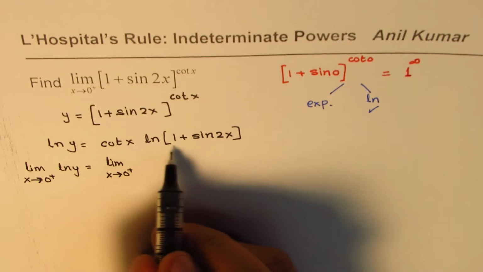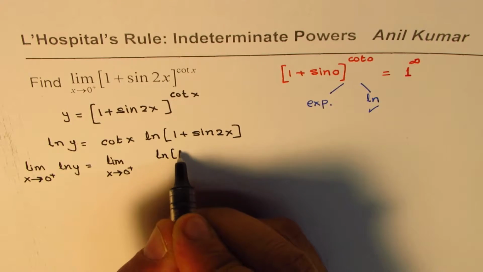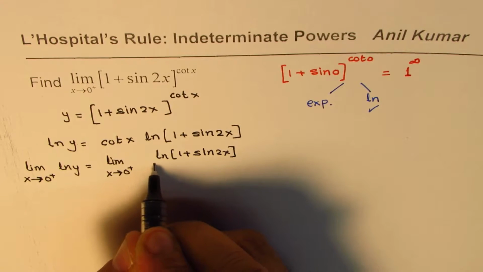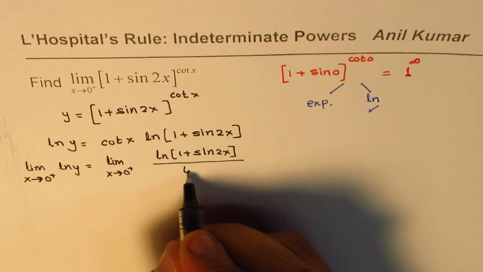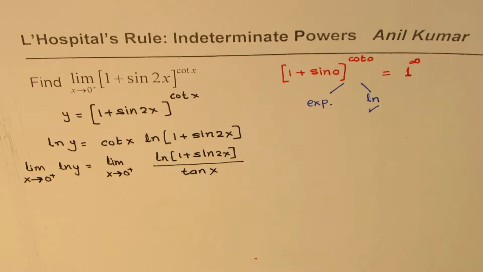So what we can do is write this function as ln(1 plus sine 2x) divided by, since cot is 1 over tan x, tan x. So you get the required form.